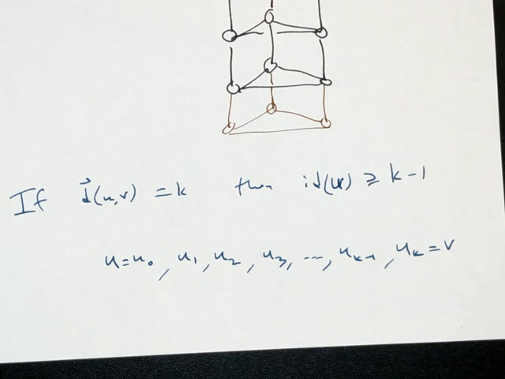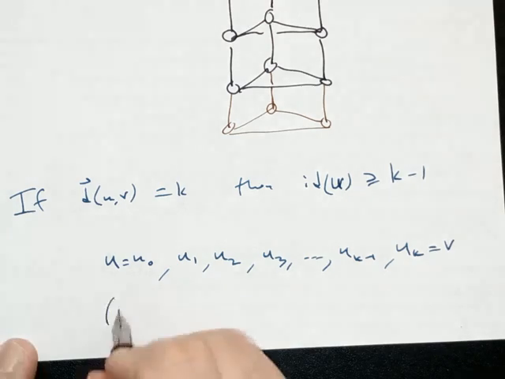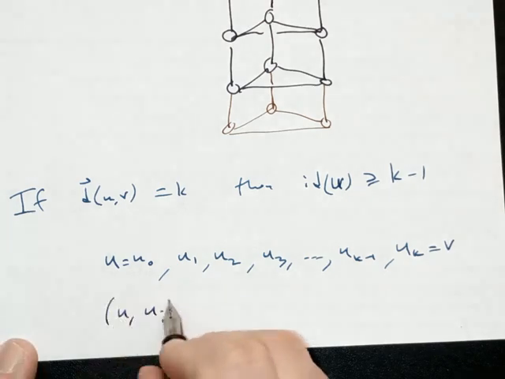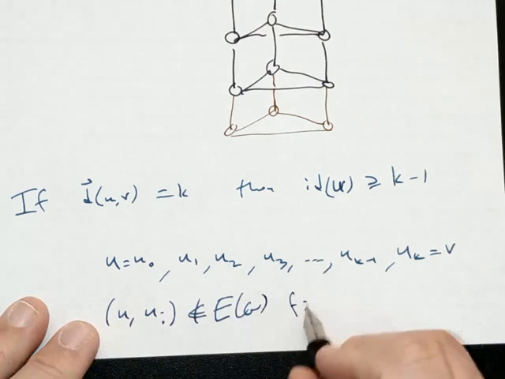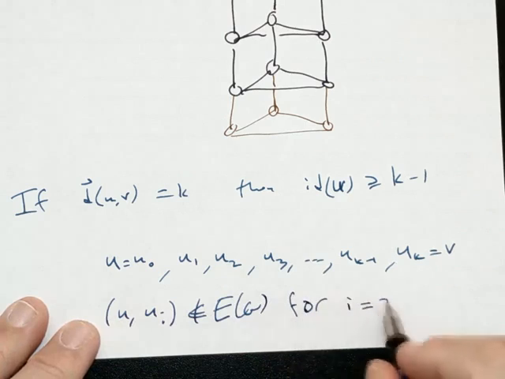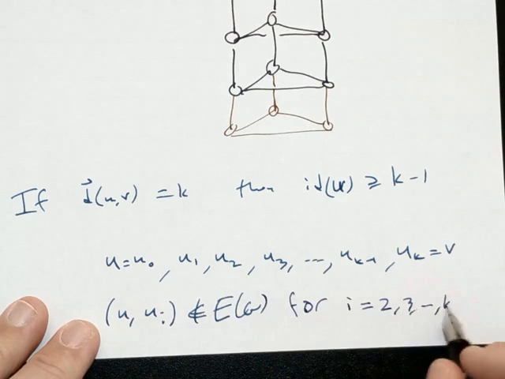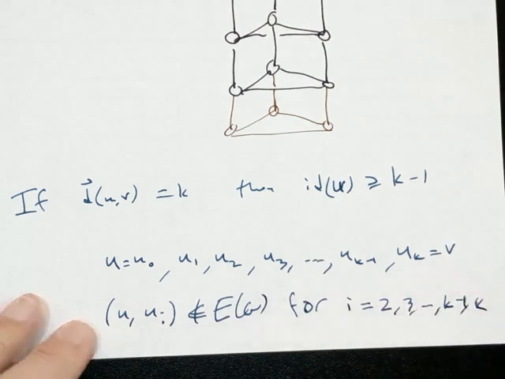If I can't go from u to u2 or u to u3 or u to u_{k-1} or u to uk, then I all have to go the other way. (u, ui) cannot be an arc of my graph for i equals 2, 3, ..., k minus 1, k. Otherwise, I would have a shorter geodesic. The distance would be less than k.